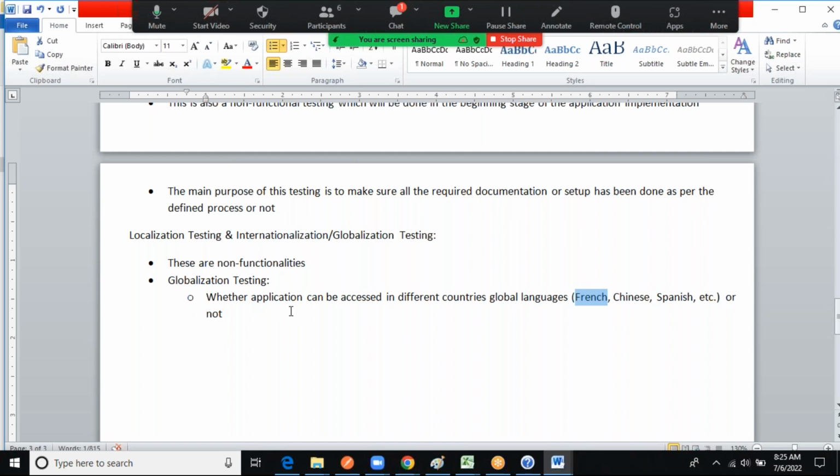Most of the people know English, and they don't need globalization of the application. But for some specific countries where they don't know English, if your main business is in France only, there is no other choice than building the application in French.